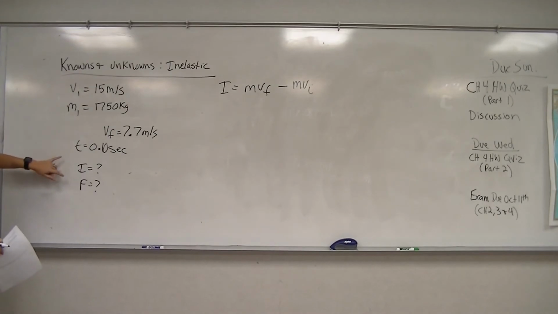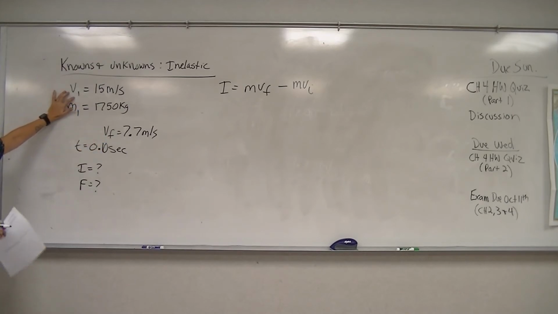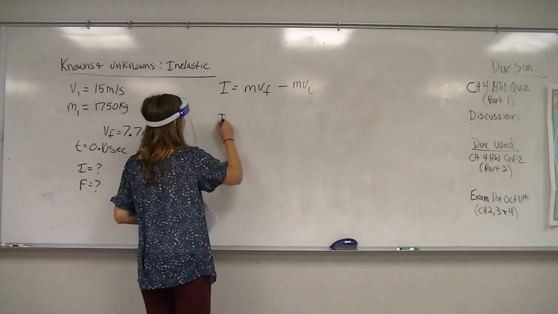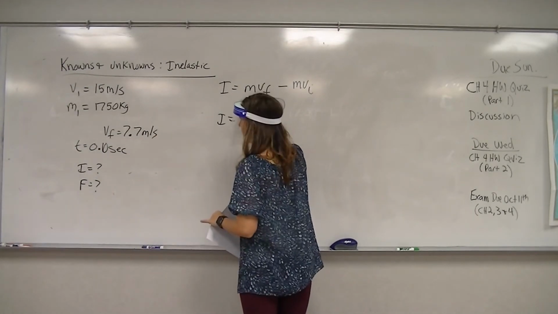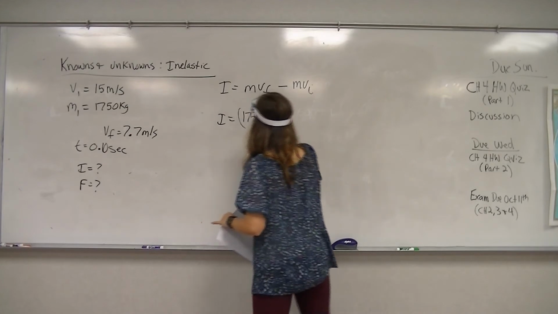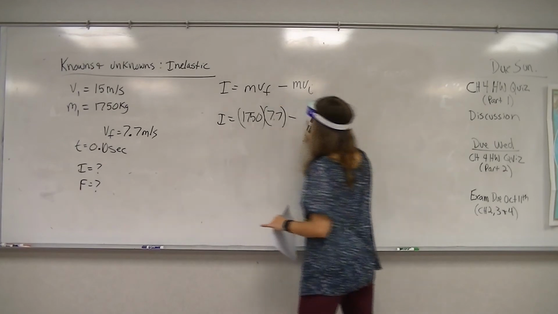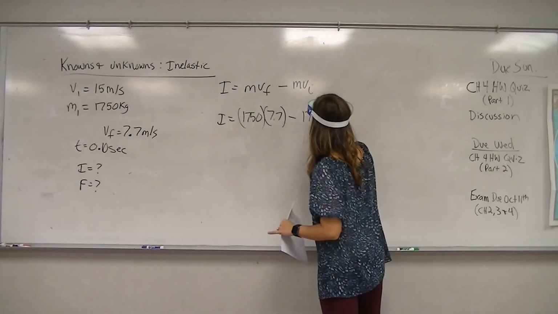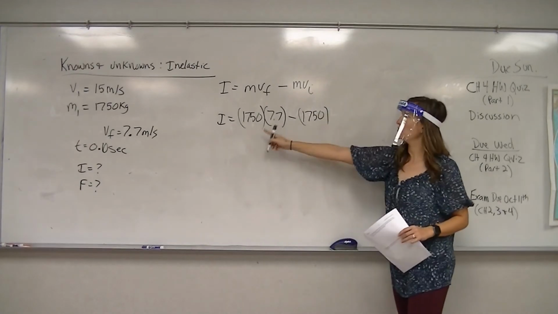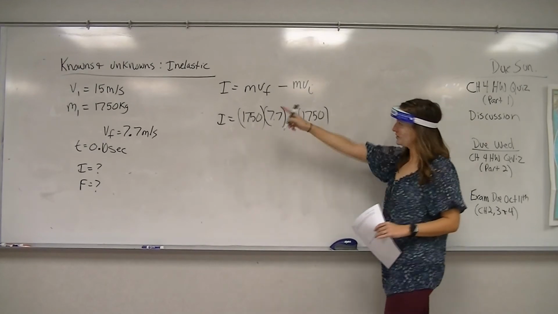Going over here, we have the final velocity of 7.7, and this V sub 1 is going to be our initial. The car was originally going 15 until it rear-ended another car. So let's plug these in and see what the car's impulse is. What is its change in momentum? The mass of the car is 1750. The final velocity is 7.7. Subtract the mass of the car, also 1750 because it's the same object, and then the initial velocity was 15.